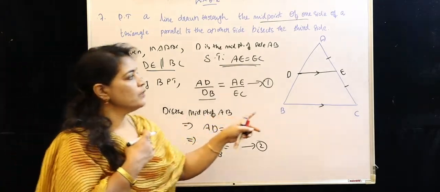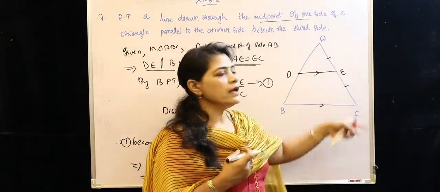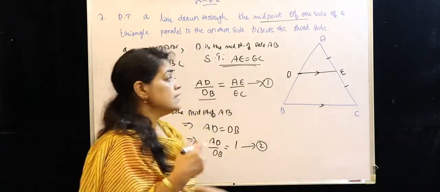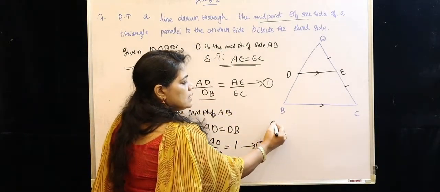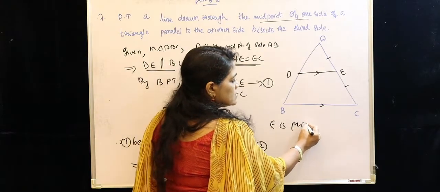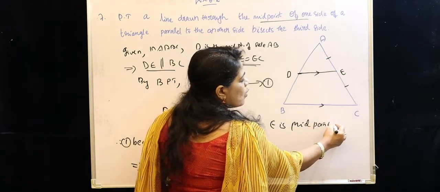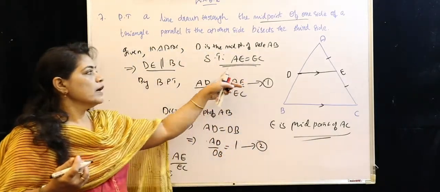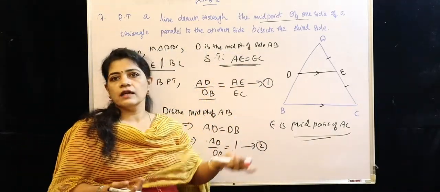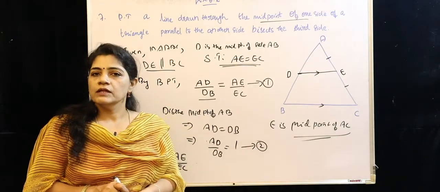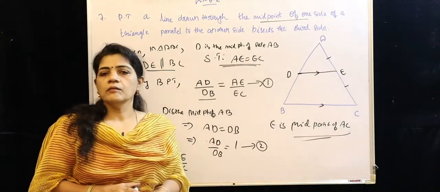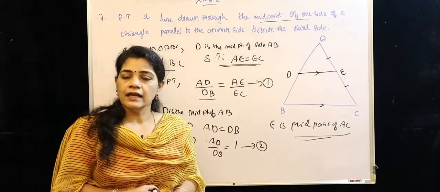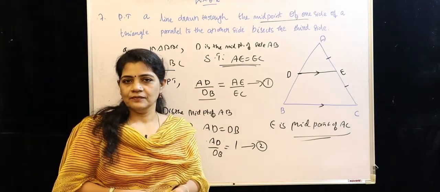See what is in the figure? Since EC equal to AE, E is the midpoint of side AC. That is what we have to prove. We have seen that E is the midpoint of the third side AC of the triangle ABC.